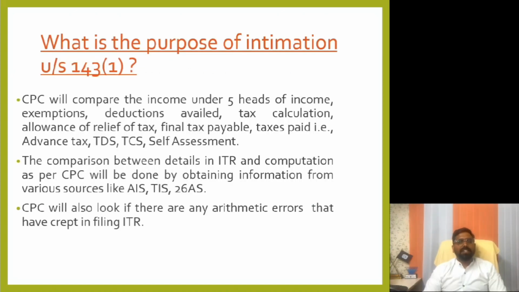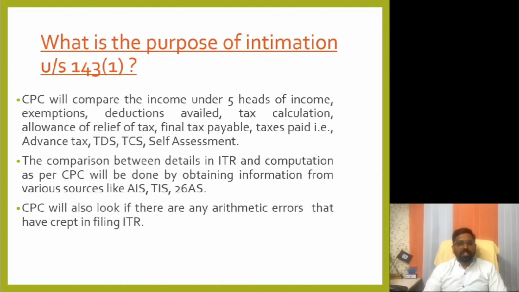What is the purpose of intimation under section 143(1)? CPC will compare the income under five heads of income, that is salary, house property, profits and gains from business or profession, capital gains, and income from other sources.